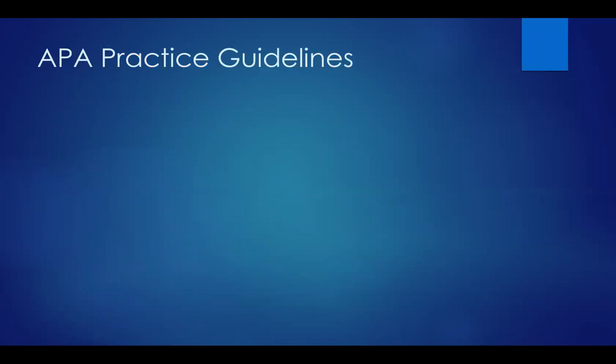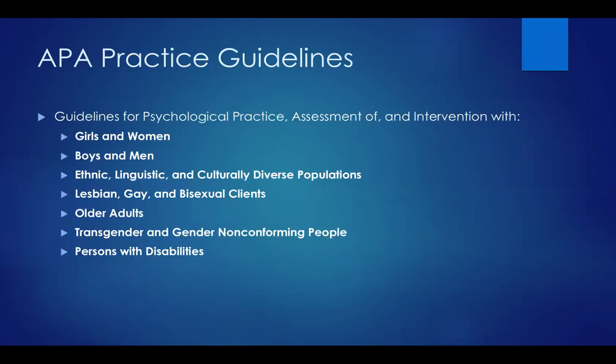To wrap up this section, just note that since multicultural psychology has developed, APA has come out with different practice guidelines to help psychologists gain the knowledge about working with a variety of people. They've developed these guidelines for a variety of different groups, including girls and women, boys and men, ethnic, linguistic, and culturally diverse populations, lesbian, gay, and bisexual clients, older adults, transgender and gender nonconforming people, persons with disabilities, and so on.